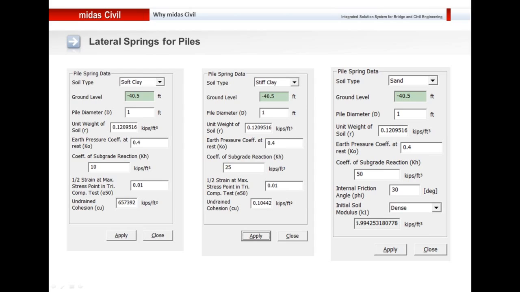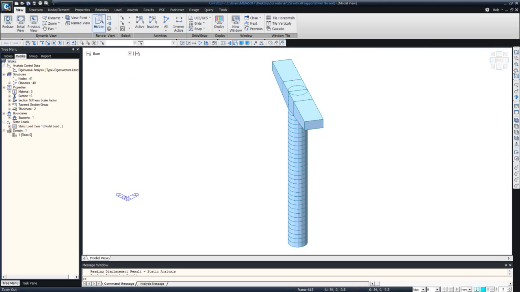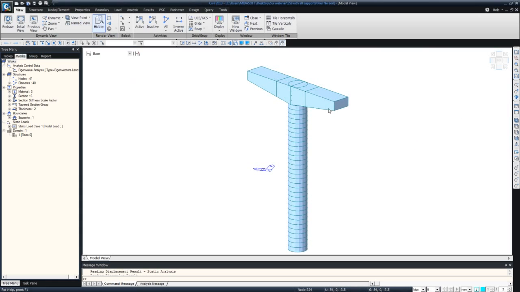So here in this model, I have applied the supports and loads and everything prior to this webinar. So I'm just going to show you the results. But before that, I'm still going to show you how the springs are defined. So here it is. I hope you can now see this model in Midas Civil. It's a line beam model, and it represents a pier and a pier cap.